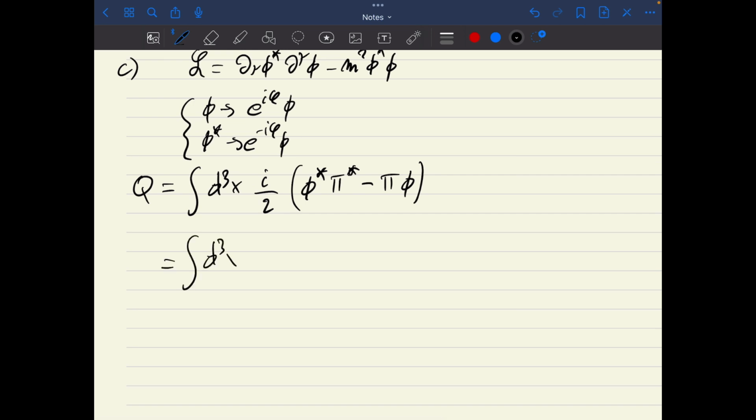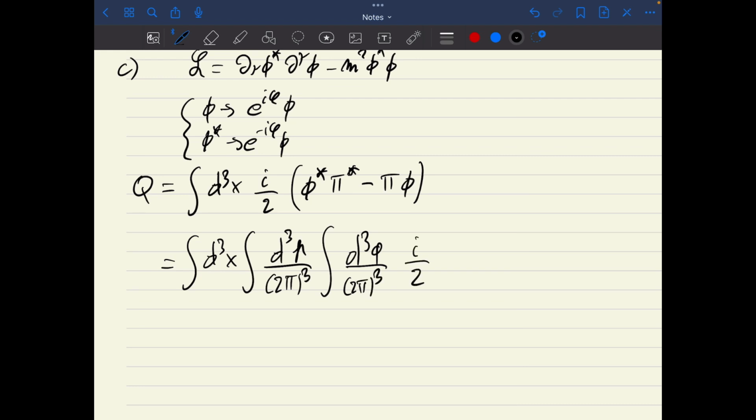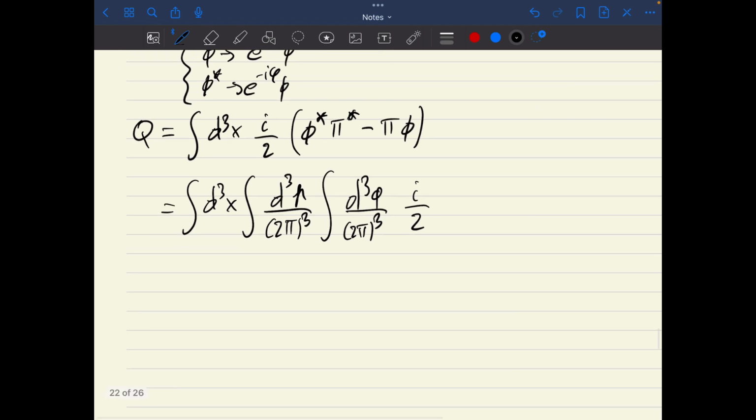So we have two momenta integrals, and then we have this factor i over 2. And then we have these two terms, so I'll actually start here.